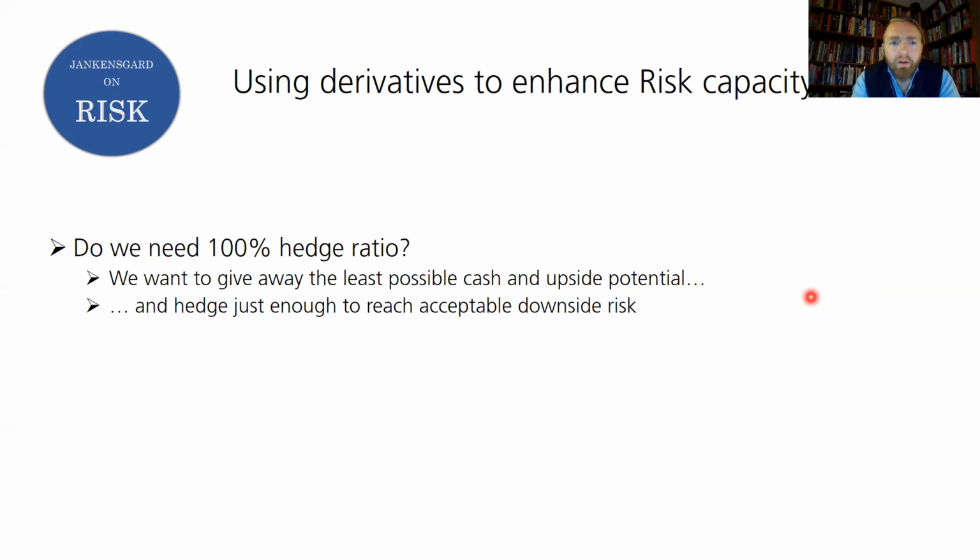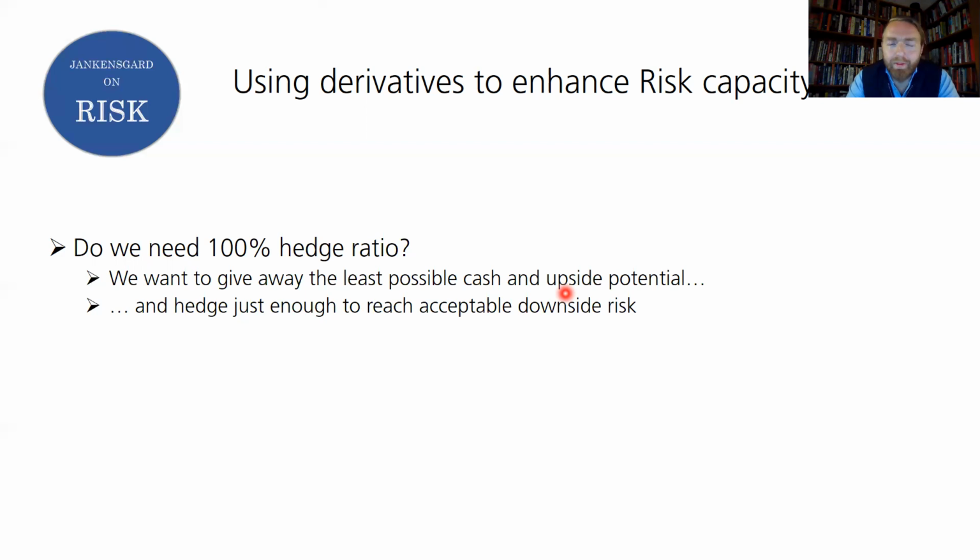What if it is a goal of ours to give away the least possible upside? If you were using a collar to finance this put option strategy rather than cash, you're giving up upside to get the protection against downside risk, and we're saying that that's not desirable.